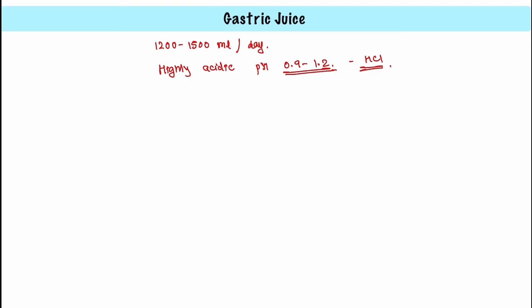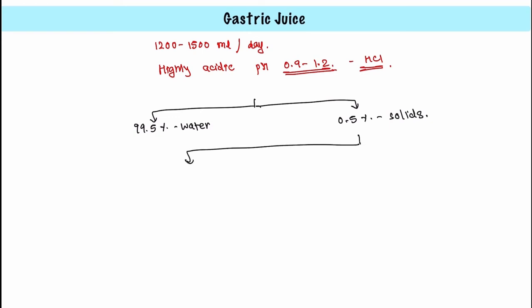Now let's talk about composition of gastric juice. Gastric juice is basically 99.5% water and 0.5% solids. And in solids, there are organic substance and inorganic substance.